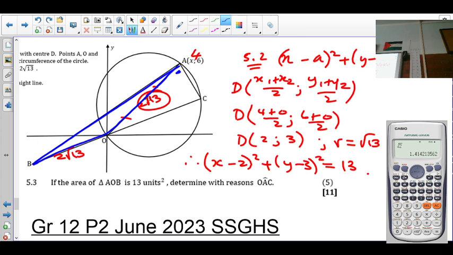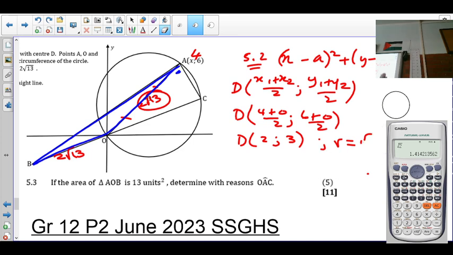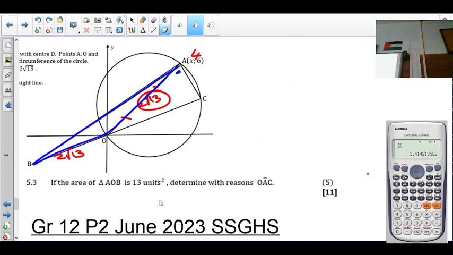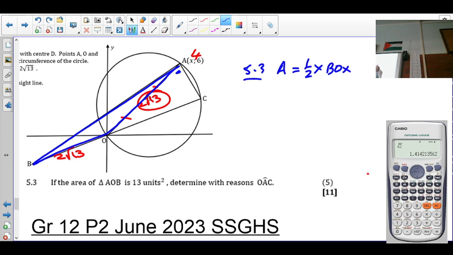The area rule is half ab sine C, where the angle is the included angle. Now 5.3. So the area is going to be a half, in this case, BO times AO sine of angle BOA.